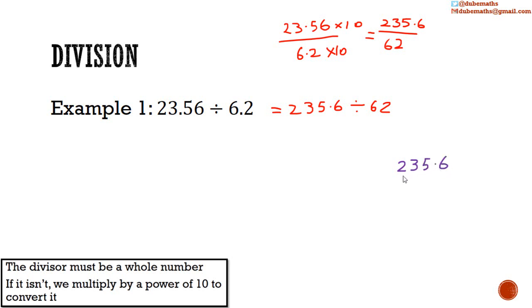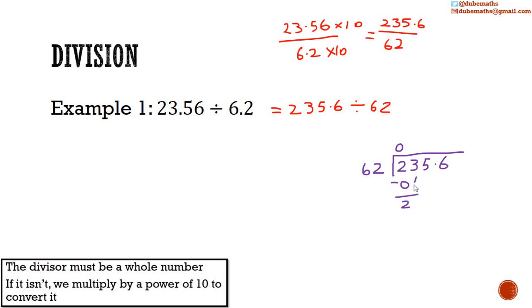235.6 divided by 62. How many times can 62 go into 2? 0 times. 0 multiplied by 62 is equal to 0. 2 take away 0 is equal to 2.